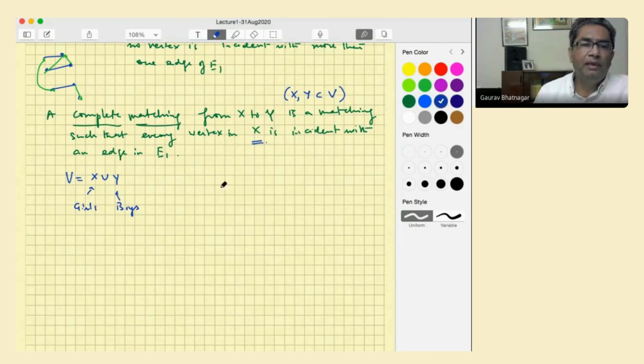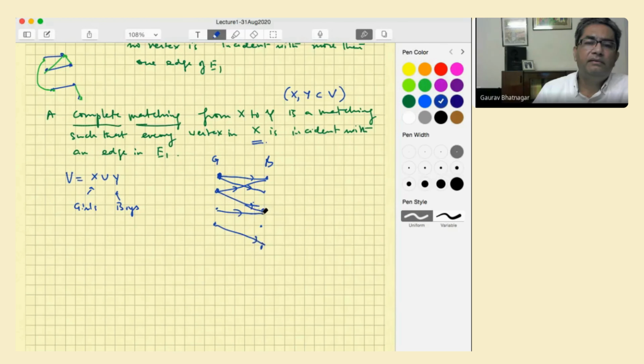So the situation is as follows. You have two sets. Let's say these are girls and these are boys, and you could have more than one boy. And let's say these girls are inclined towards these boys. What one is interested in is some kind of matching, so that every girl can be paired up without any rivalry.